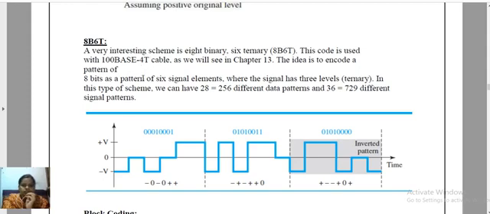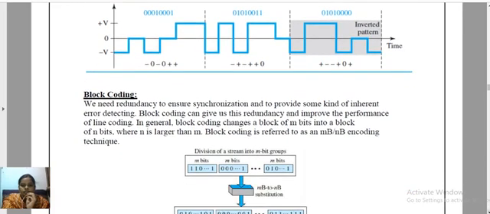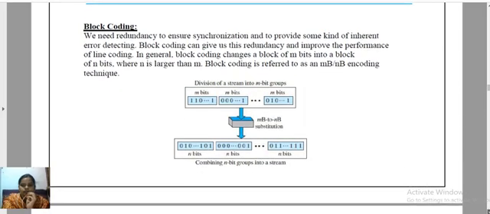It will encode an 8-bit pattern into 6 signal elements. So 2B1Q and 8B6T are mainly used in cabling.